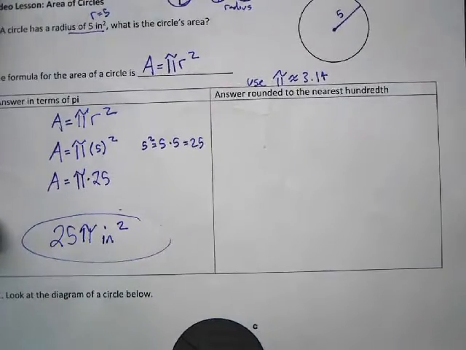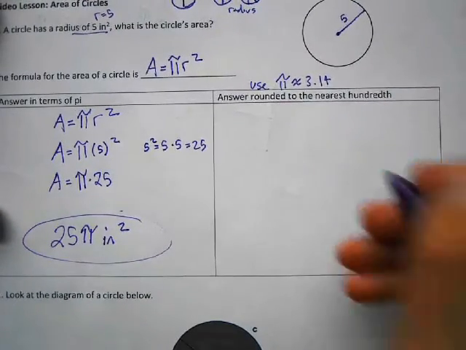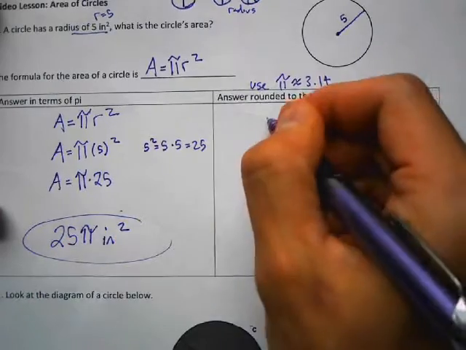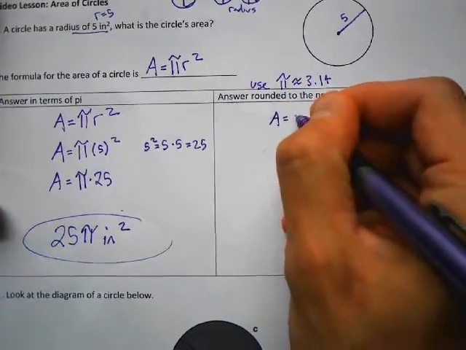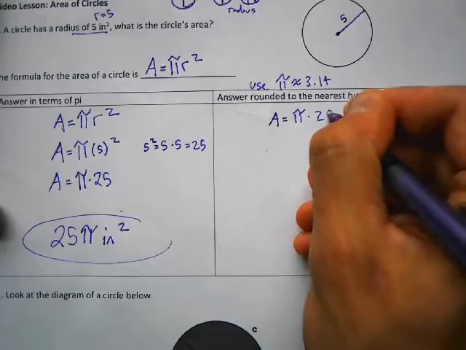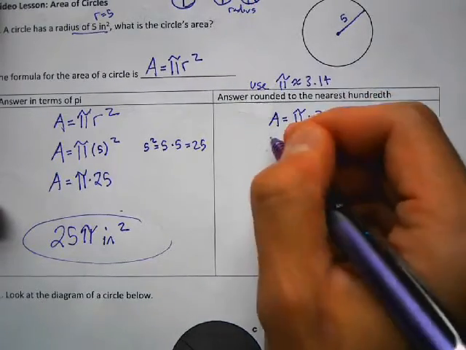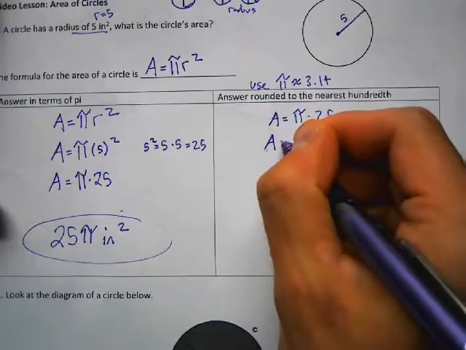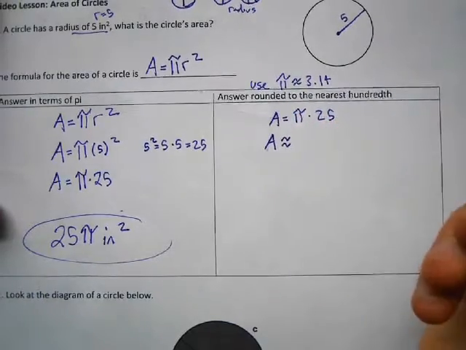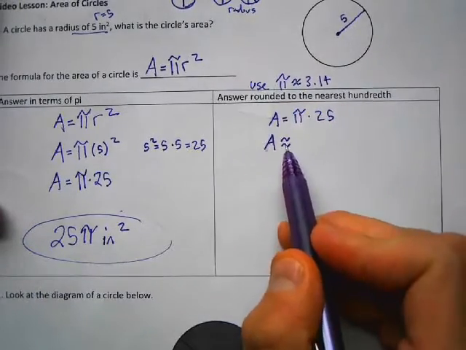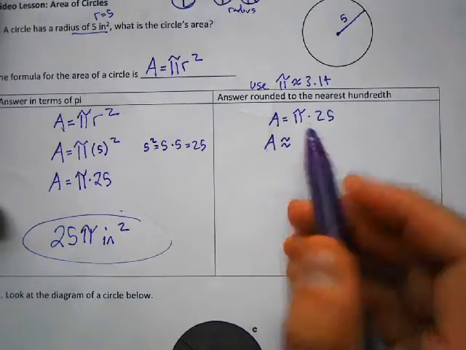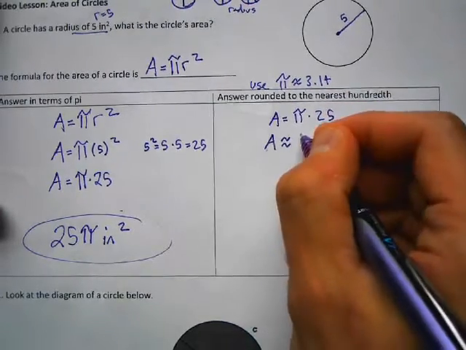Okay, now let's find the answer rounded to the nearest hundredth. We're just going to use this information here. Area is equal to pi times 25. And now we're going to substitute in 3.14. But since we're substituting in now, we're not using the actual value of pi. It's just an approximation. We're going to put these little squiggly equals.